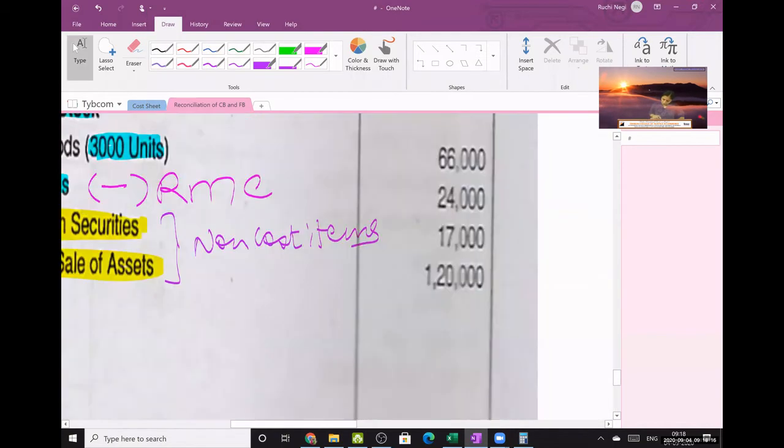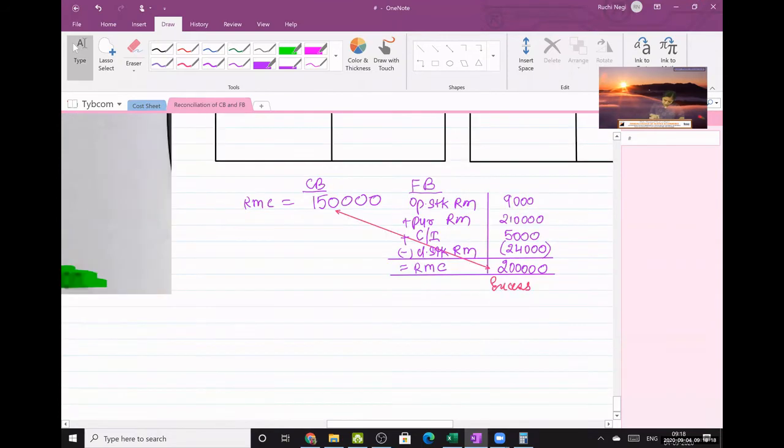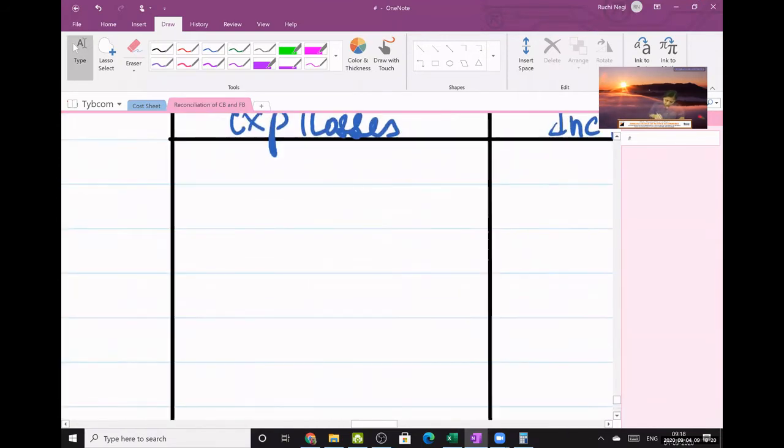So put it in the cost sheet, around here, direct wages 14,600, right here, excess.